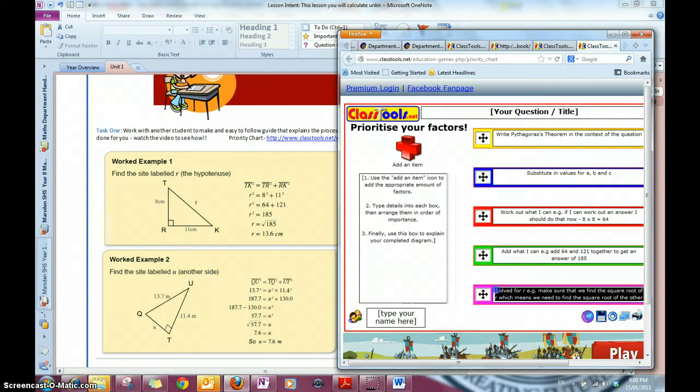We might get rid of that bit. So we can find the square root. Make sure that we find the square root of r squared.